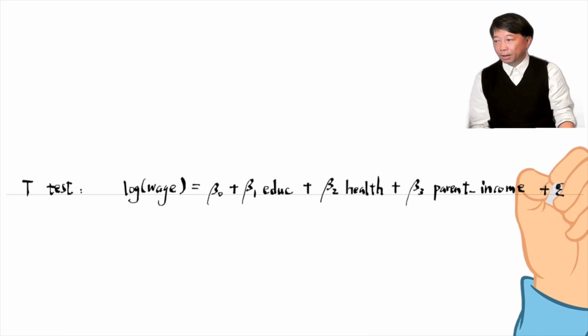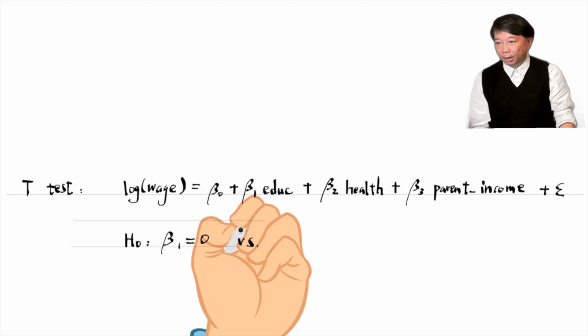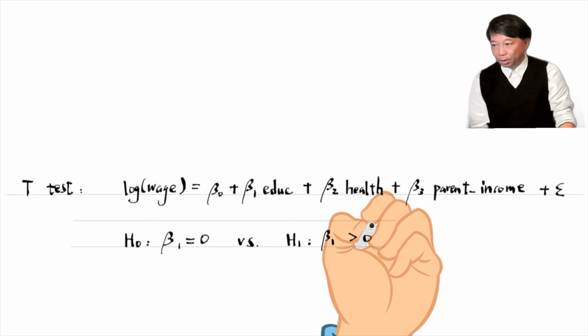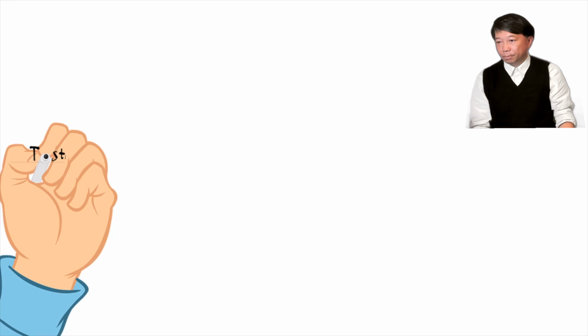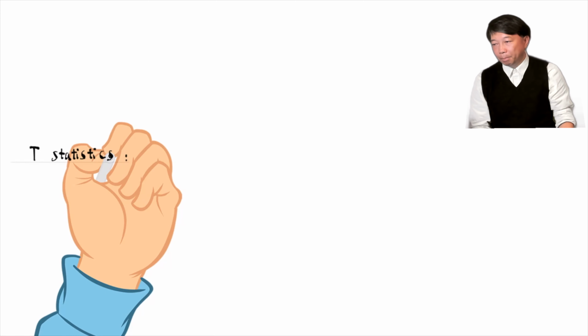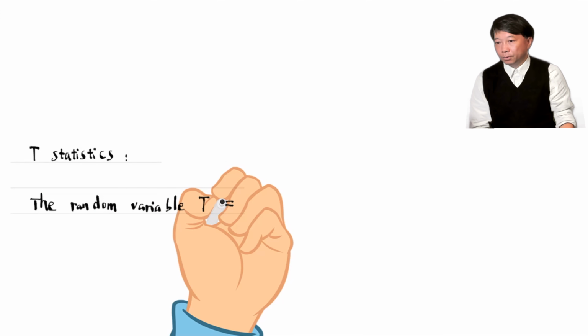Instead, we can hypothesize about the value of a parameter and then use statistical inference to test our hypothesis. To construct hypothesis tests, we need the T-statistics. T-statistics are commonly used in statistical inference and regression analysis.